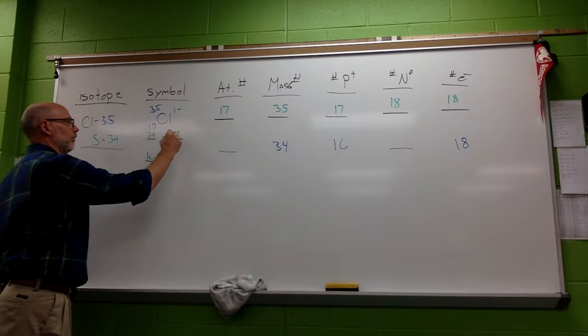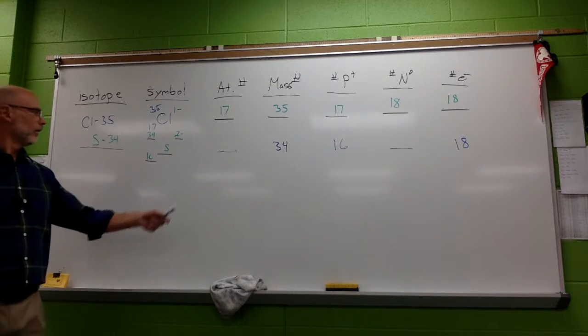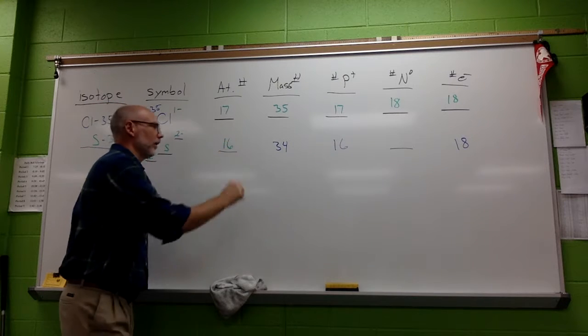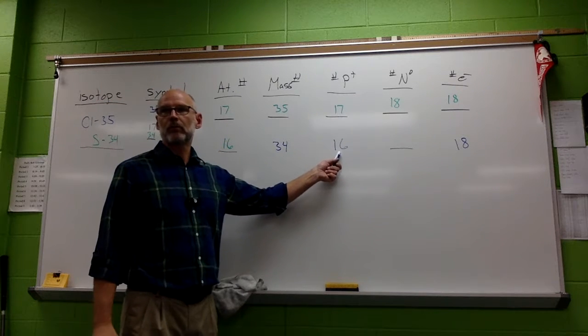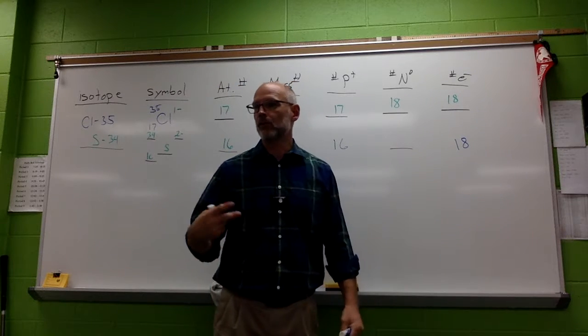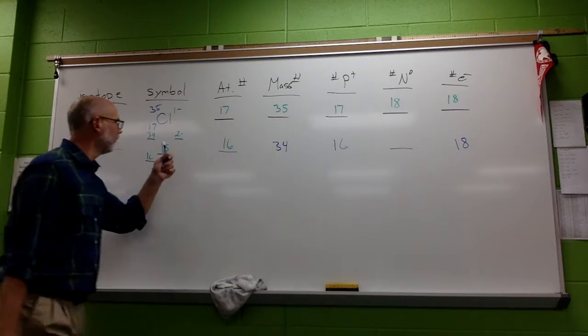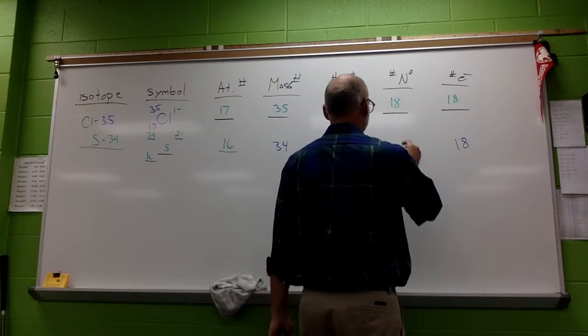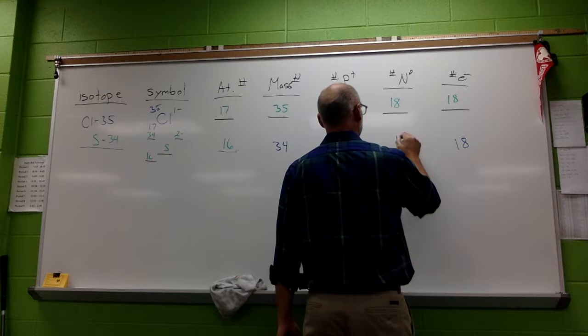It's 2 negative. Why is that? Well, because the atomic number is 16, because there's 16 protons. If there's 18 electrons, that means I have 2 extra electrons, hence the 2 negative. And what is the number of neutrons? I believe it's 18.